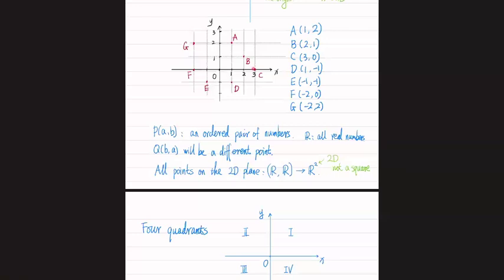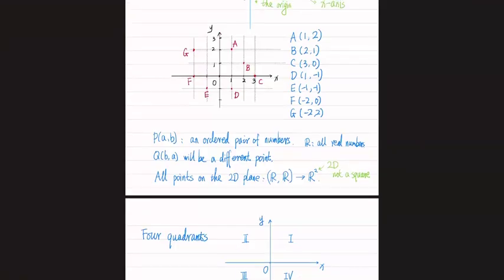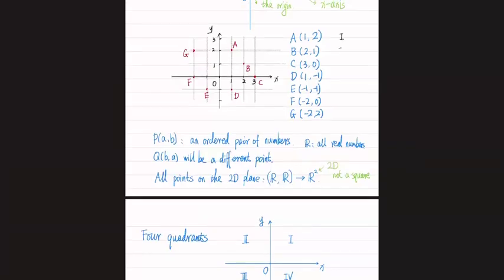It's on the axis, so it's not in any of the quadrants. Maybe I will label this not applicable. And Aaron, point D, fourth quadrant.